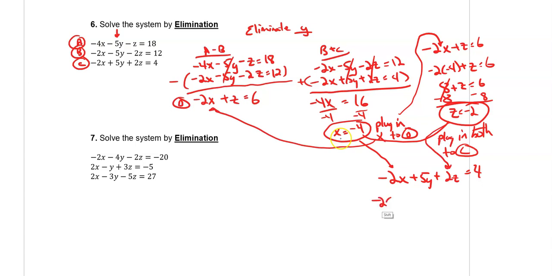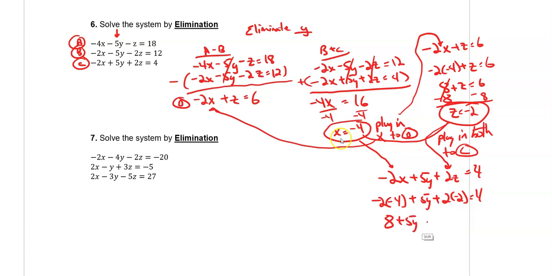So negative 2 times negative 4 plus 5y plus 2 times negative 2 equals 4. And I just slowly work this thing out. Negative 2 times negative 4 is 8 plus 5y.